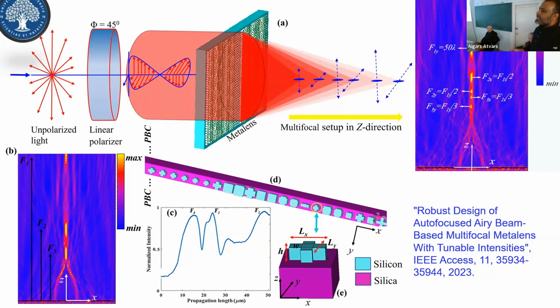The metalens is an example of a metasurface which has high diffraction efficiency and high efficiency in manipulating the amplitude, phase and polarization of light compared with conventional diffractive optical elements. So this metalens was able to transform the incoming beam into multifocal spots.